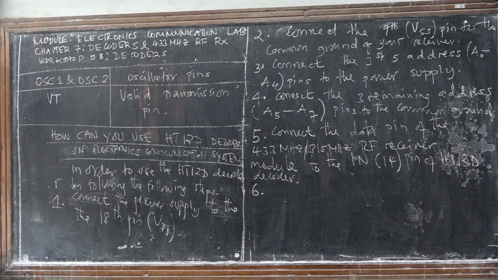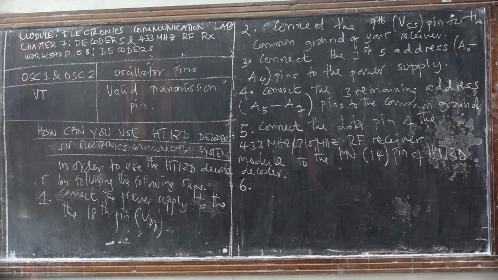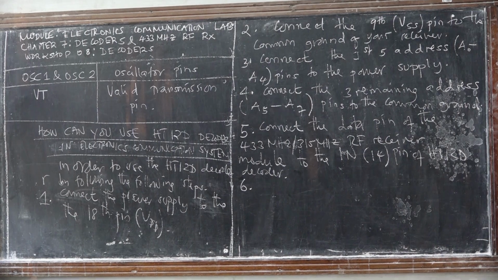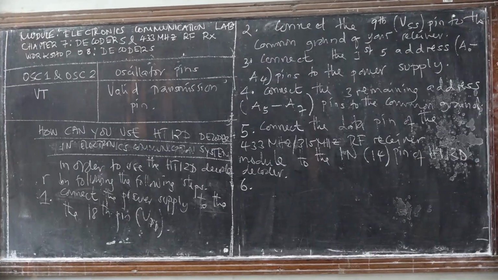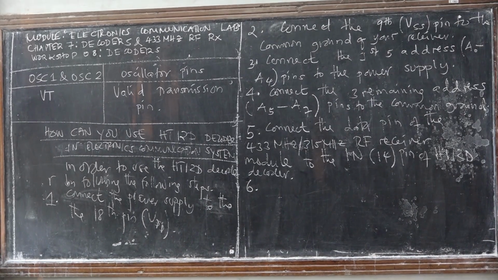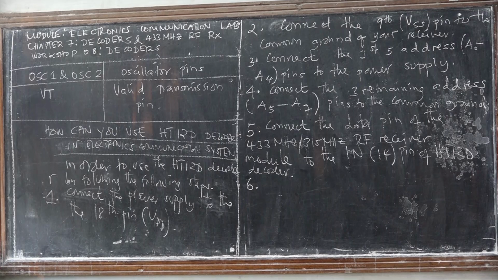In Ht12D decoder, we have another pin which is corresponding to it. I want you to mention which pin you think is the corresponding pin. Ima, today you don't have exercise book? Okay. Thank you. What is the corresponding pin of the transmission enable pin in case of Ht12D decoder? Pardon? 15?